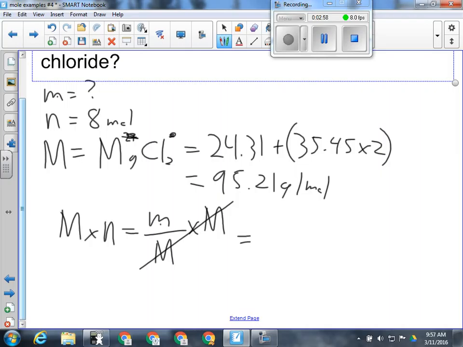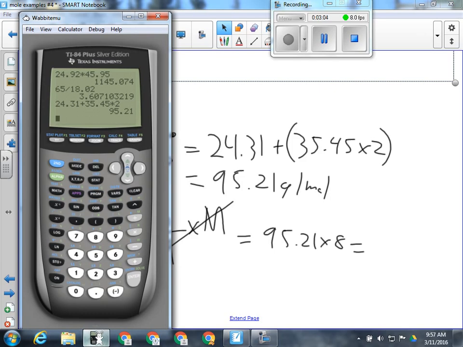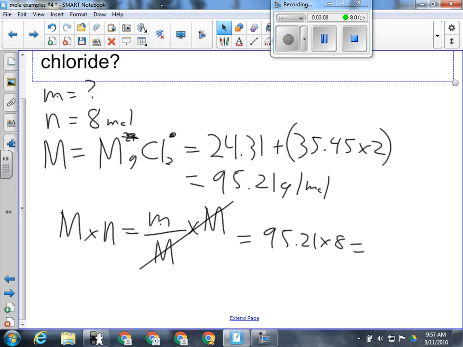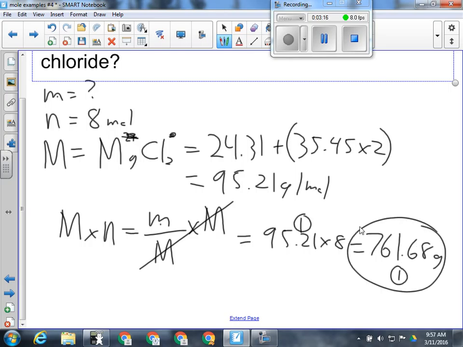Plugging in our numbers, 95.21 times 8 is 761.68 grams. So 1 mark for that, 1 mark for substitution, 1 mark for manipulation, 1 mark for molar mass. Questions on that one?